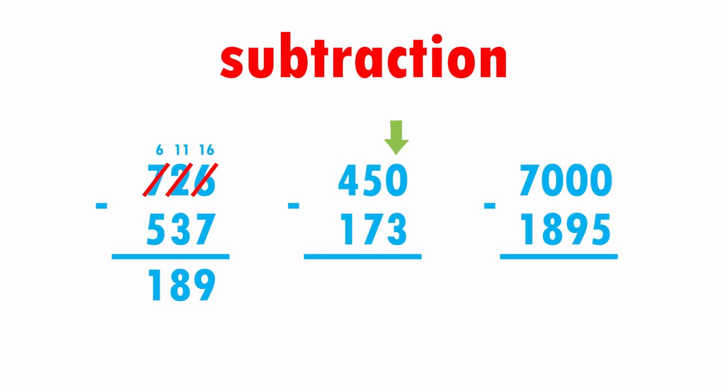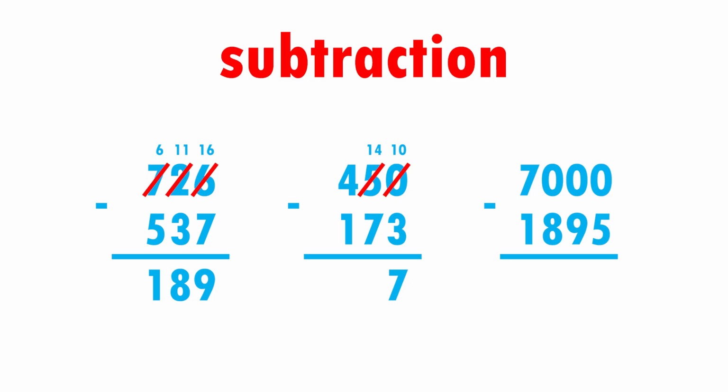Now we have 450 minus 173. Let's start with the ones place. We can't subtract 3 from 0, so the 5 in the tens place lends 1 to the ones place. Now the 0 becomes 10, and the 5 turns into 4 because it lent 1. Now we can subtract. 10 minus 3 equals 7. Next, in the tens place, we can't subtract 7 from 4, so we borrow 1 from the hundreds place.